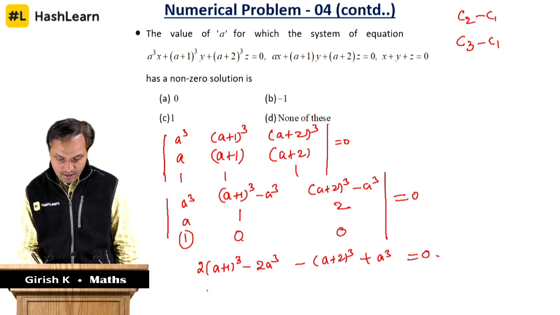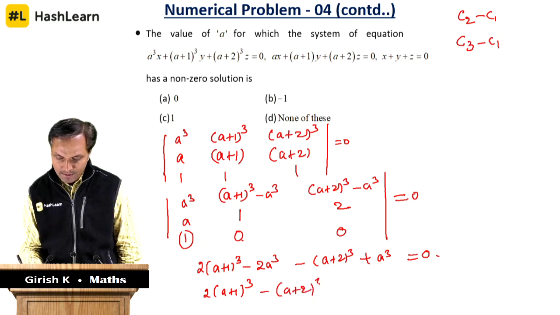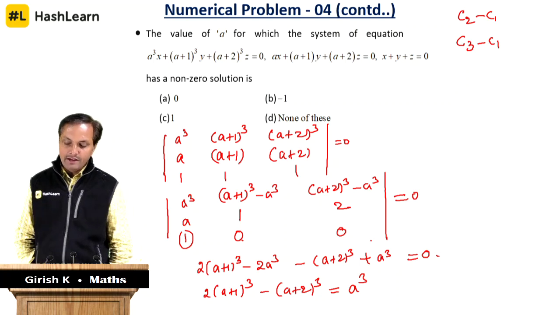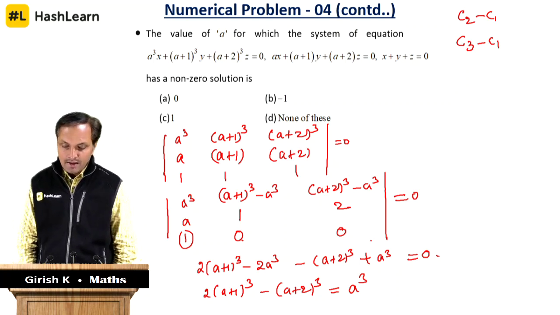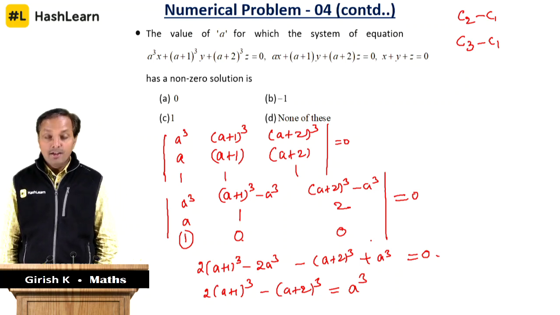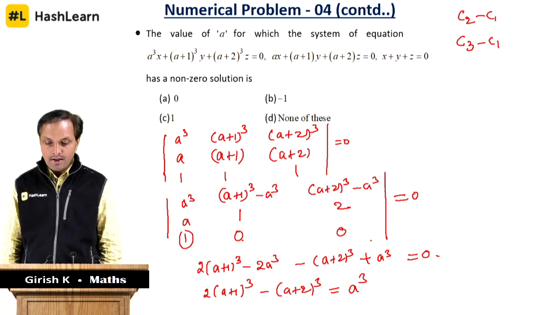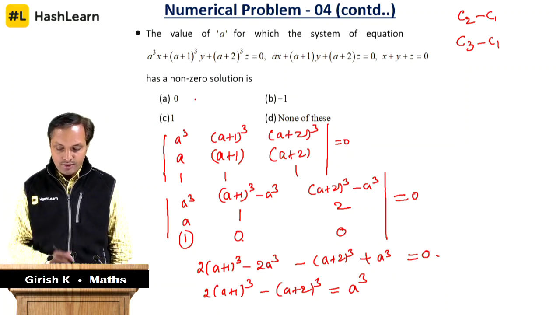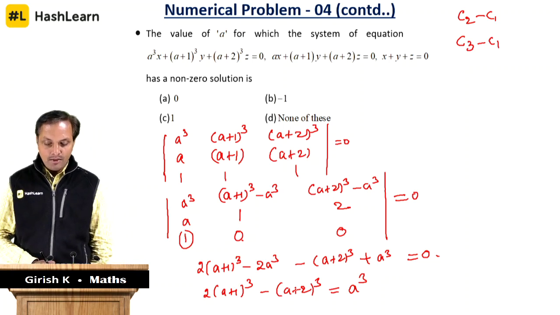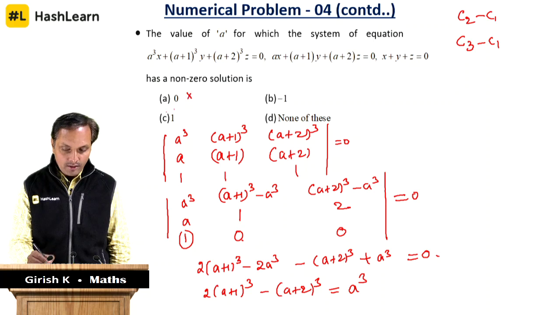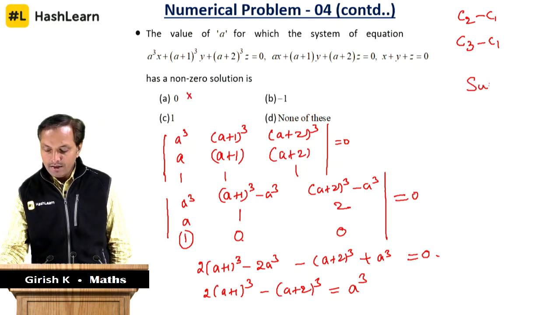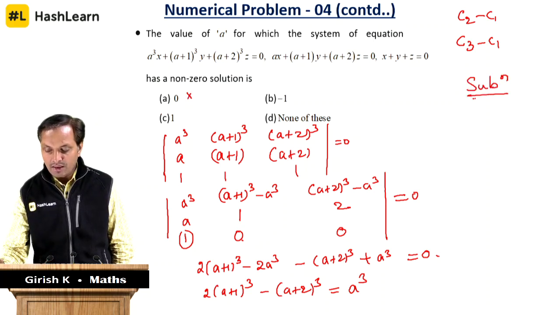That will give you 2 times a plus 1 cube minus a plus 2 cube minus a cube is equal to, if you take that side, plus a cube. So here you can do the substitution method. If I substitute a is equal to 0, you can check whether LHS is equal to RHS. You know that when a is equal to 0, LHS is not equal to RHS. After doing this step, use substitution method.